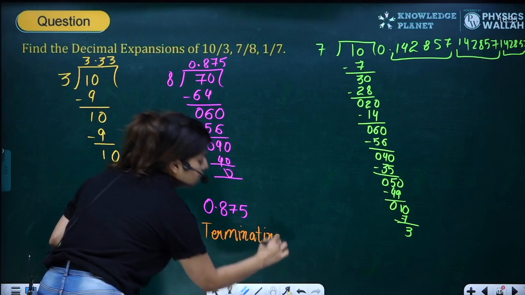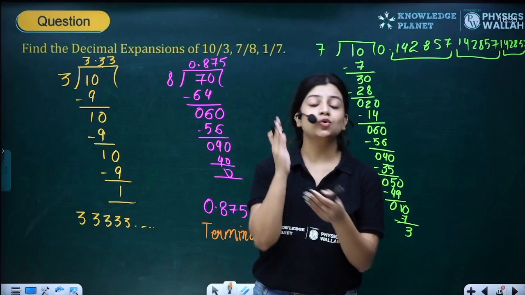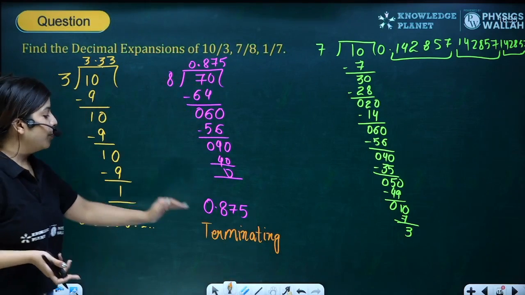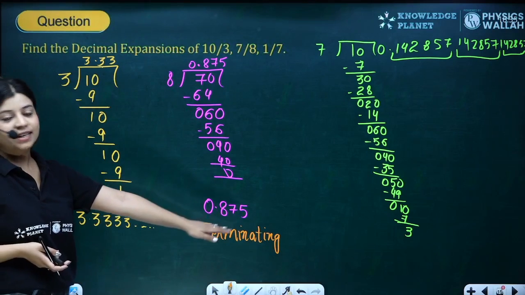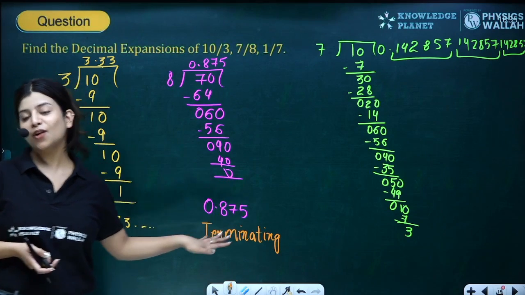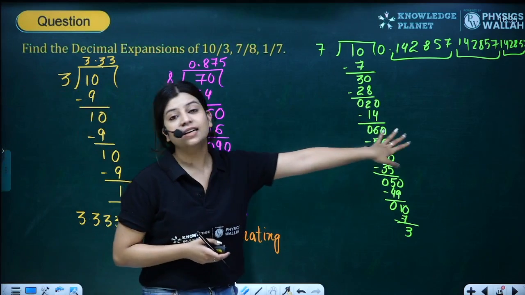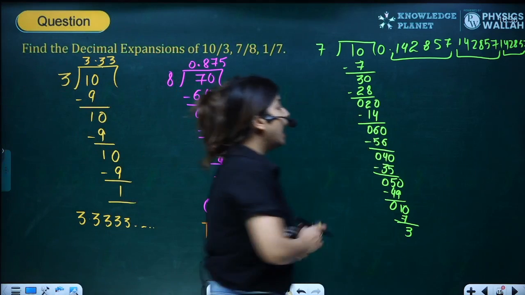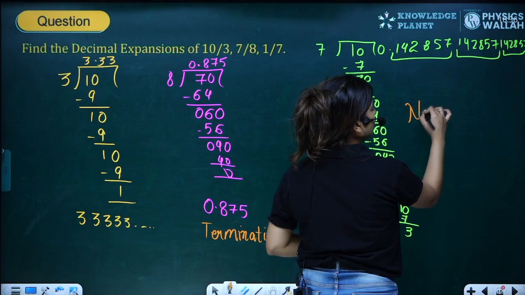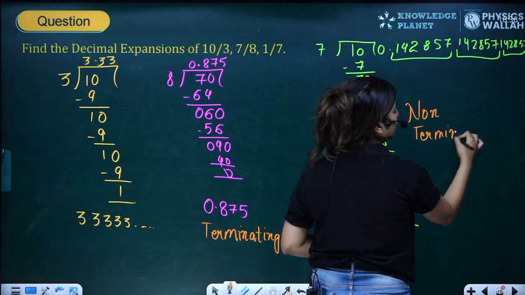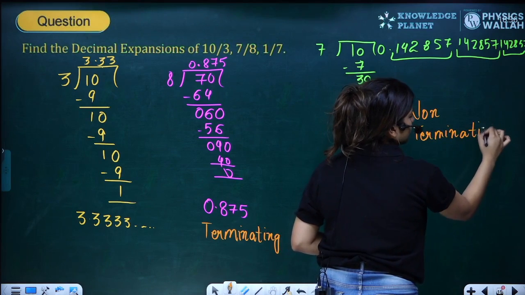What is the meaning of terminating? Terminating means to end. It is known as terminating decimal expansion because it is giving the remainder as 0. Now the first type and the third type of decimal expansion are known as non-terminating decimal expansions, because they are not giving the remainder as 0.